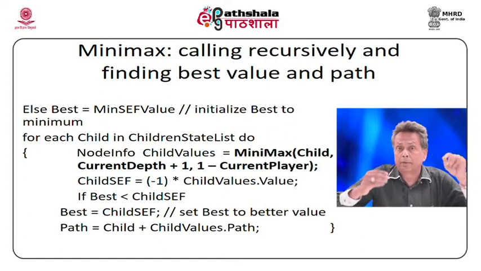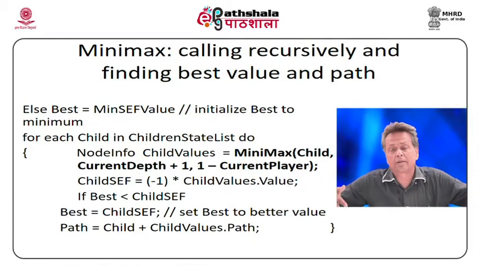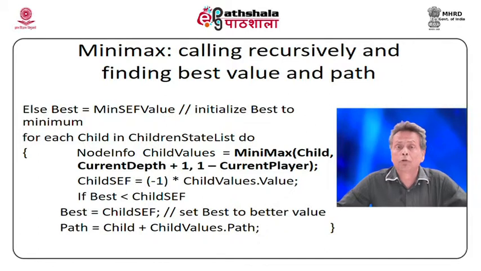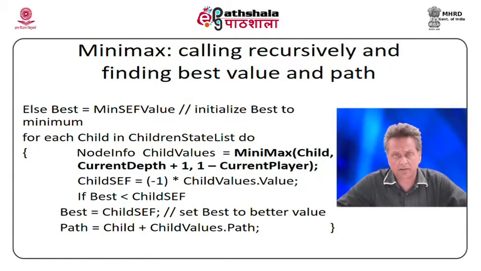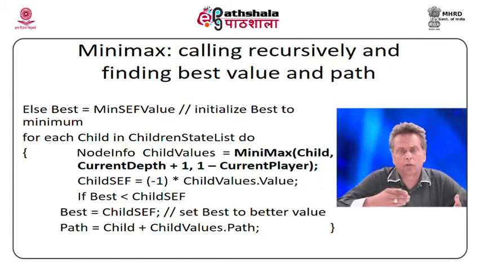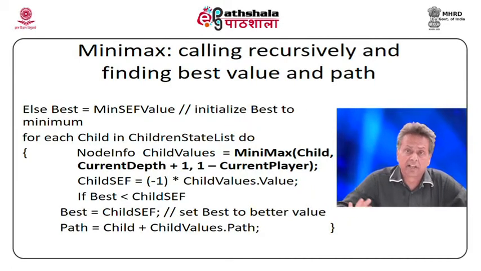Why are we doing it? Remember, we have to find the maximum value in case of a maximizing ply, minimum at the minimizing layer. If you do not want to do it, just negate it. If you negate it, you always have to apply one function, maximizing, and you will get the same answer. For example, if I want to find the minimum between 1, 3 and 5, then I take -1, -3 and -5, and when I apply maximum, I get the same answer, irrespective of the sign.